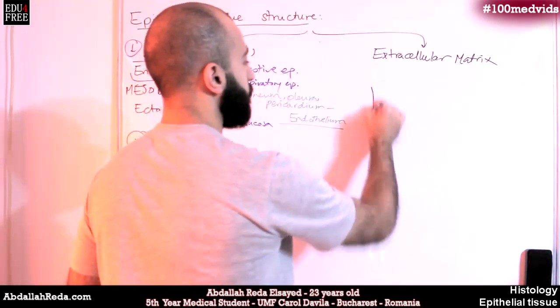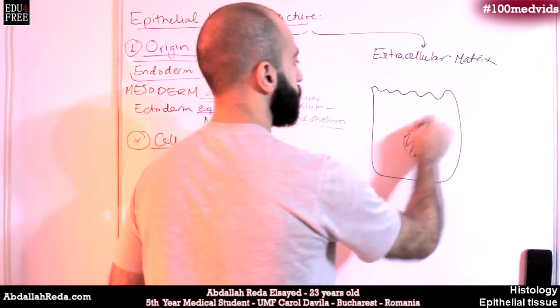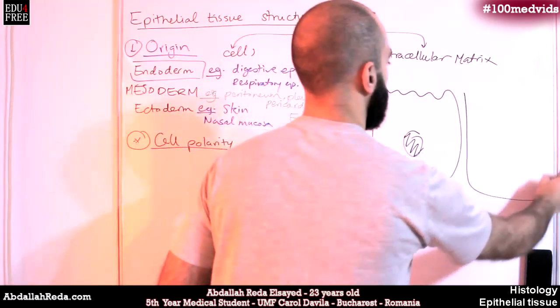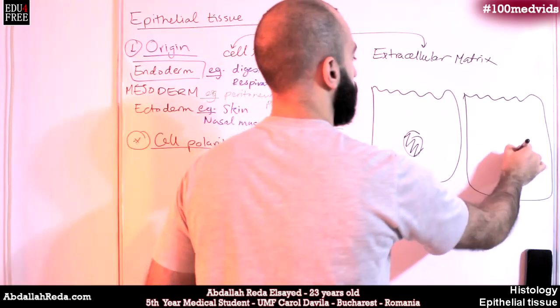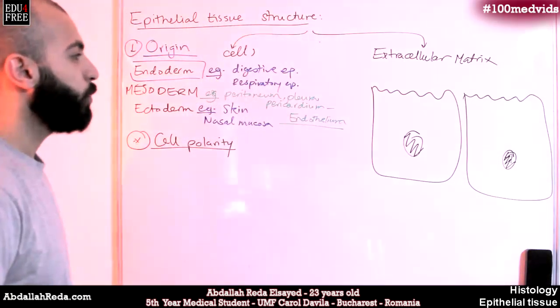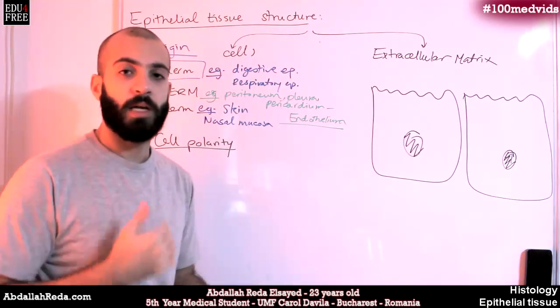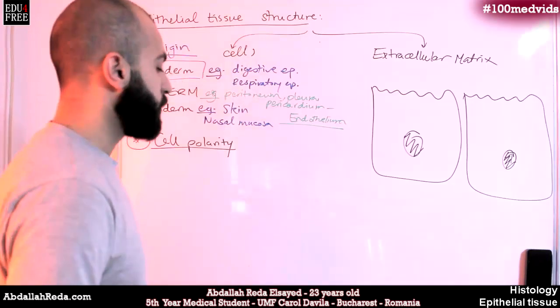if we have cells like that, given that these are epithelial cells, we would have different poles for those cells, and those poles will define different characteristics for each of those cells.